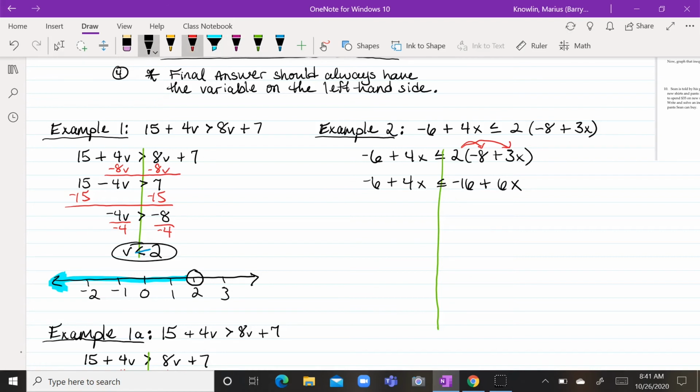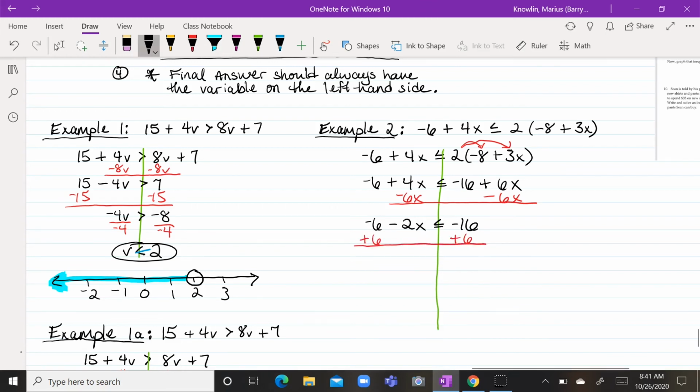Now, once again, we want to go ahead and move our variables to the left. So -6x minus 6x. Actually, subtracting 6x from both sides gives us -6 minus 2x less than or equal to -16. Then we want to add 6 to both sides.